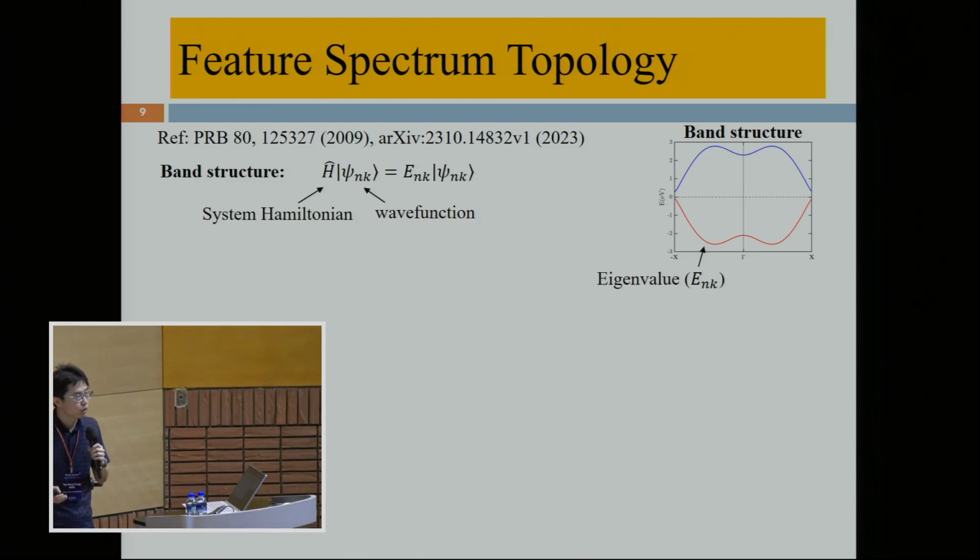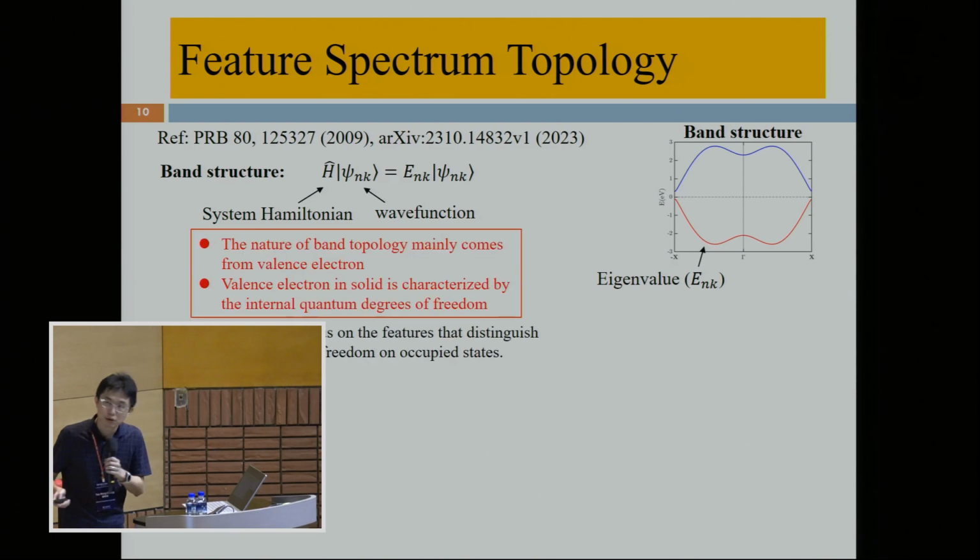Okay, so let me introduce the feature spectrum topology. The key of the feature spectrum topology is quite simple. At least for me, it's just like a basis transformation. In traditional quantum mechanics, we can solve the eigenvalue equation and then obtain the eigenvalues and the corresponding wave functions. According to previous studies on topological systems, we know that the band topology mainly comes from the valence electrons.